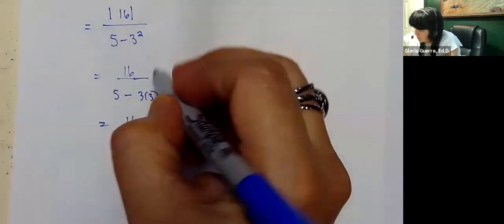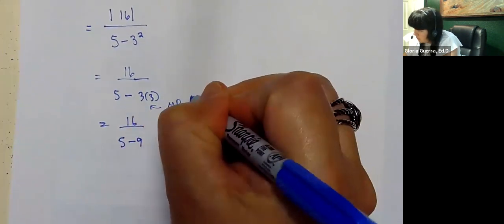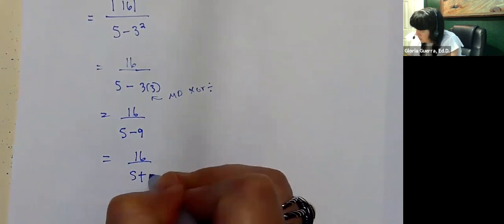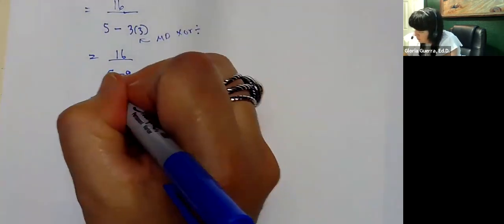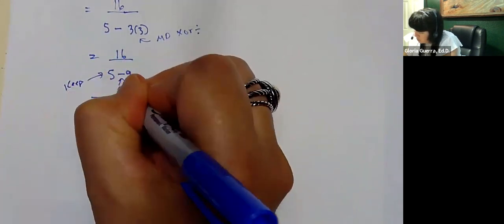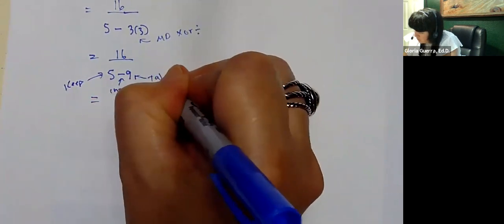So this is like part of the MD, multiply or divide. Got to do that first. 3 times 3 is 9. And then this is 5 plus negative 9. So you keep, and you change, and then you take the opposite.